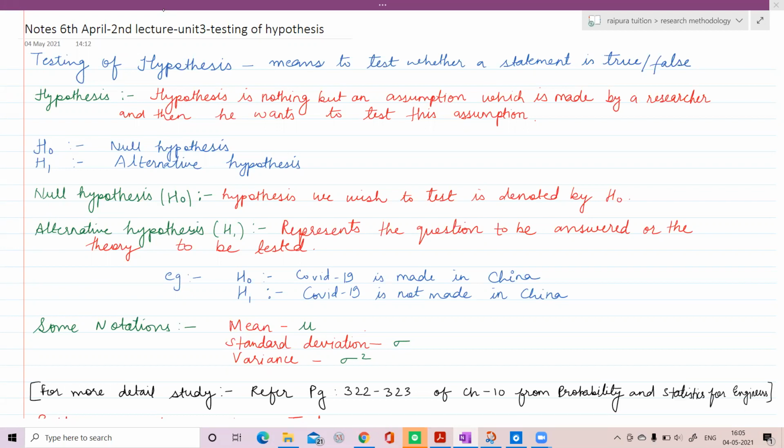And this is the definition which I found in the book, that the hypothesis we wish to test is denoted by H naught, and the alternative hypothesis H1 represents the question to be answered or the theory to be tested. So for this, he gave an example of COVID-19 in which he took H0 to be COVID-19 is made in China and H1 as COVID-19 is not made in China.